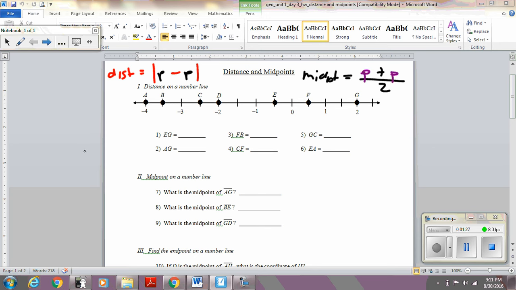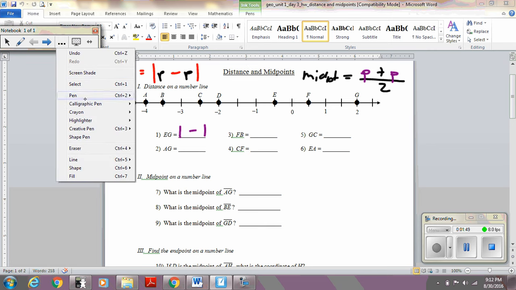So in the first 6 problems, they're asking you to find the distance. Please show me that you know how to apply the formula properly. For number 1, I'm finding the distance, so let's set up my distance bar and my minus sign. Remember, that's our skeleton, and that must be in the formula always.